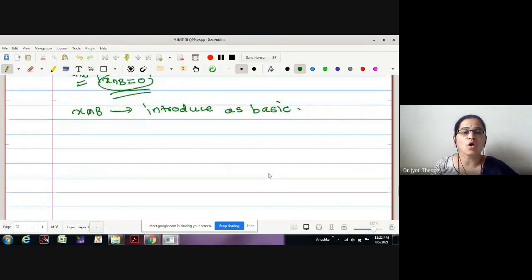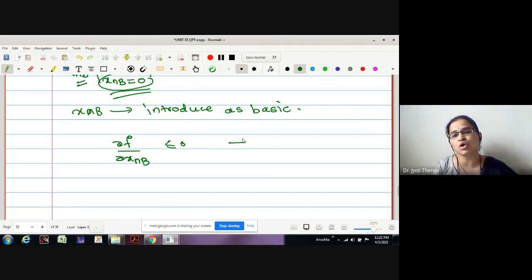If all values of dou f by dou x_NB are less than or equal to 0, what will happen? If we change any non-basic variable, there is no increment; it gives a decrease in the value of f.